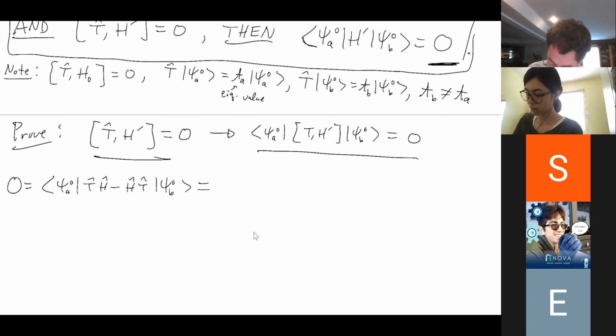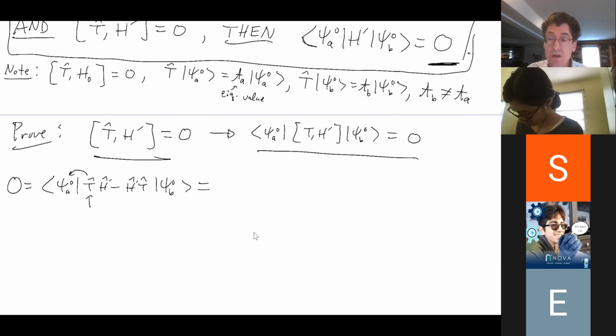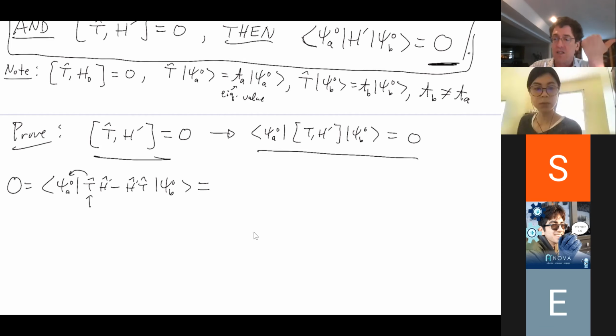Now what can I do with H prime? I have T acting on psi naught A. And what does the T operator turn into? Because it's a Hermitian operator, it can act to the left and to the right. What does it give when T hits that state on the left? TA.